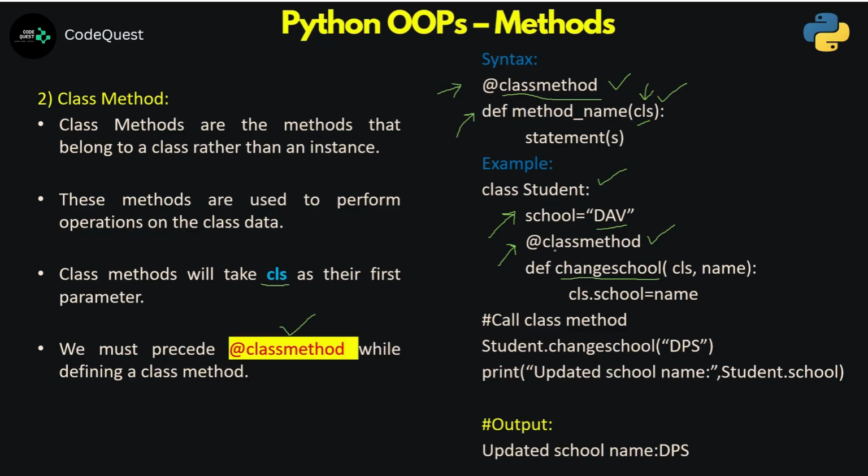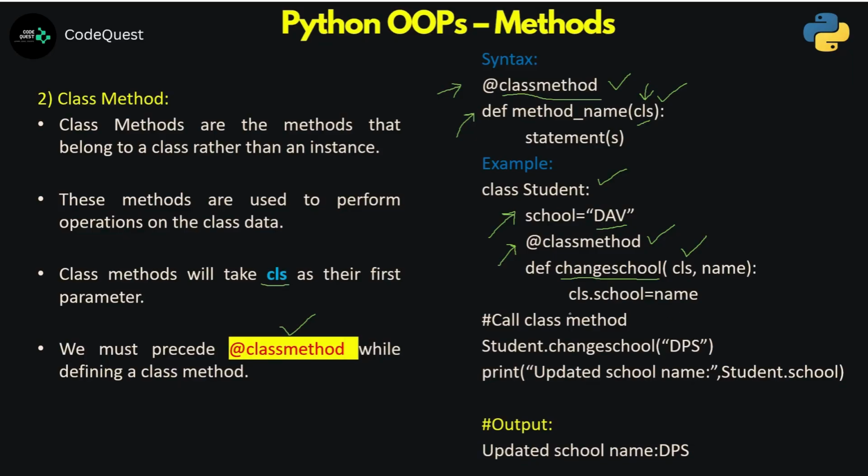Apart from having the class method decorator before this definition, I also should have CLS as the first parameter. As both criteria are satisfied here, we have the decorator classmethod as well as CLS as the first parameter. Hence I can consider change school as the class method.